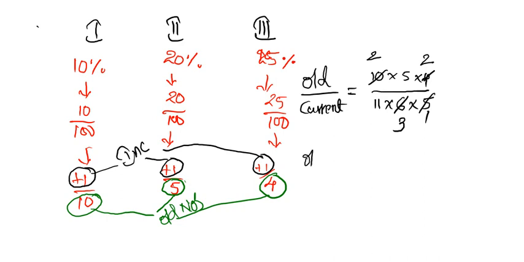So old by current is equal to 5 twos are 10, 10 into 2 is 20, divided by 33. Then what is the percent increment? The percentage increased is equal to increment divided by the smaller number into 100.